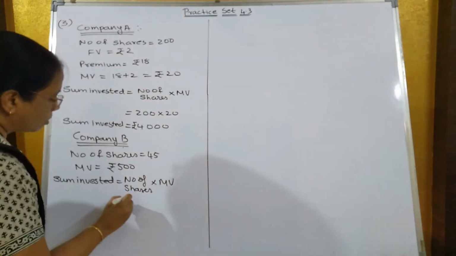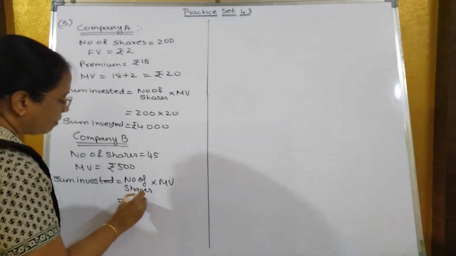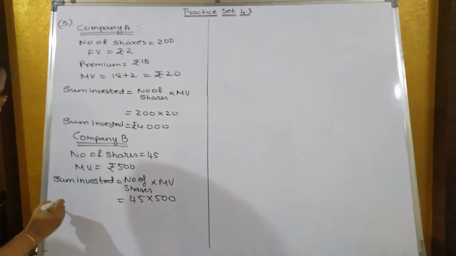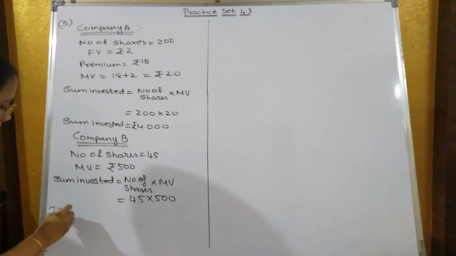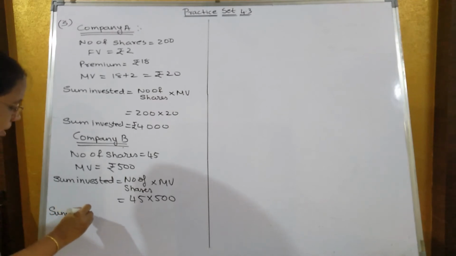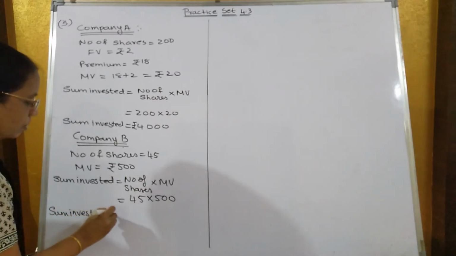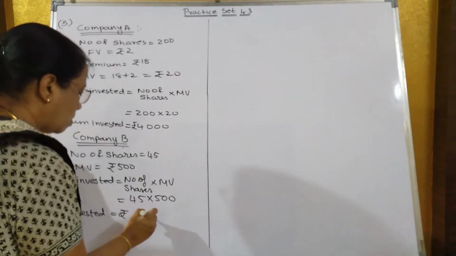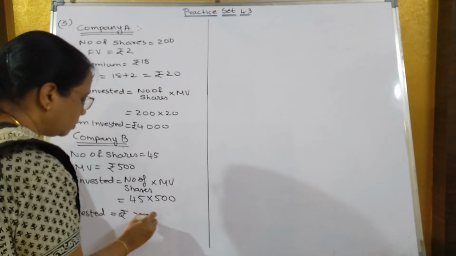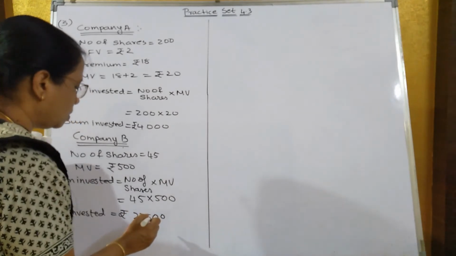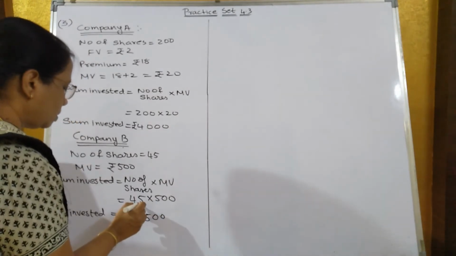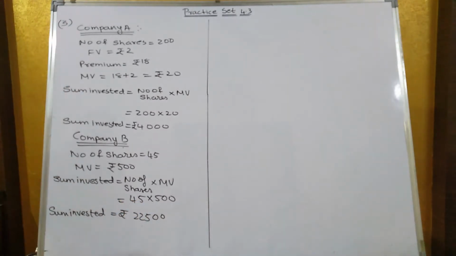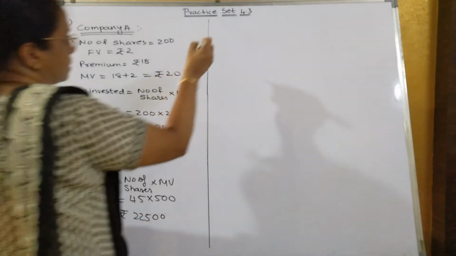So that's equal to 45 into 500. So sum invested in company B will be equal to 22,500.